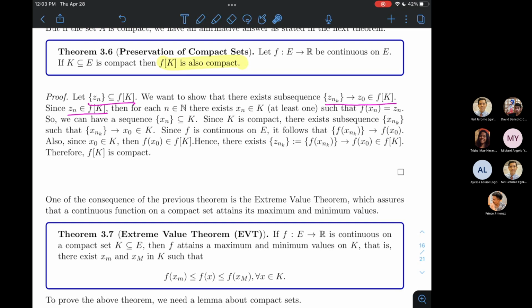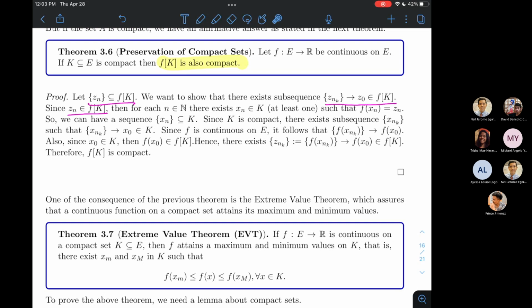Okay? So, dahil itong sequence na to ay nasa loob ng isang compact set, by definition ng pagiging compact, there will exist a subsequence x sub n sub k such that x sub n sub k will converge to some element of the set K.